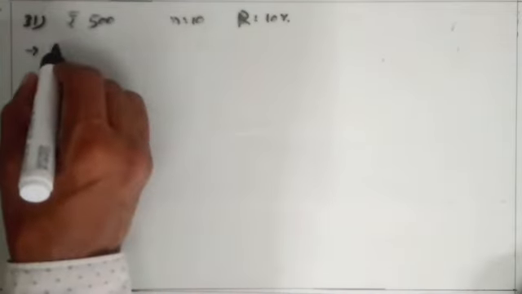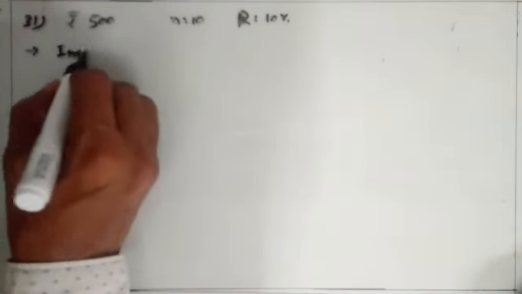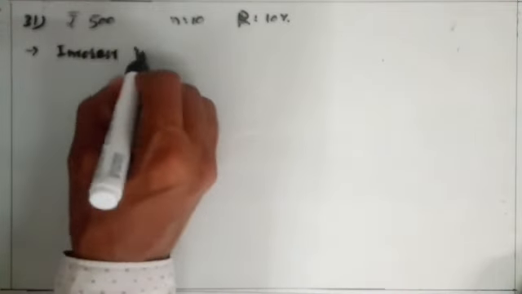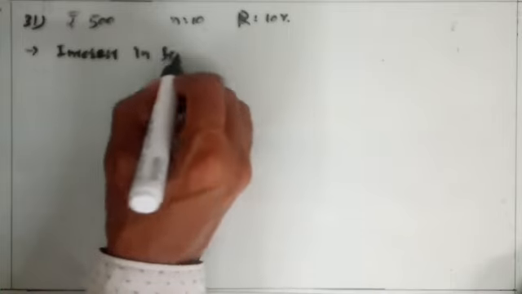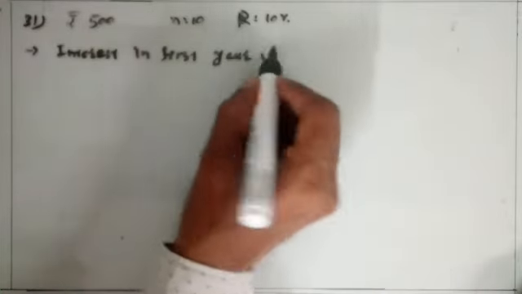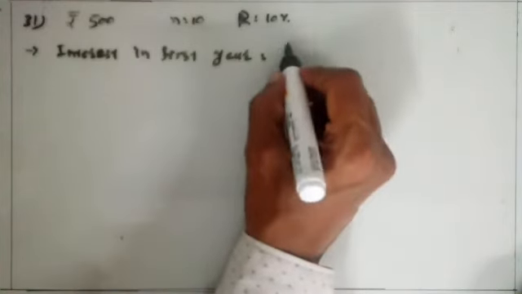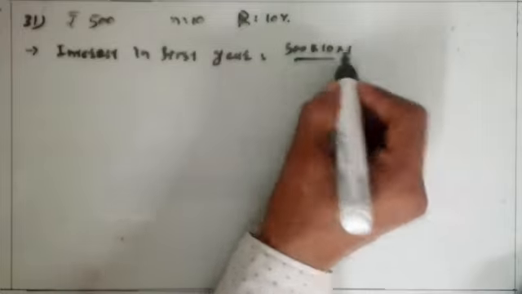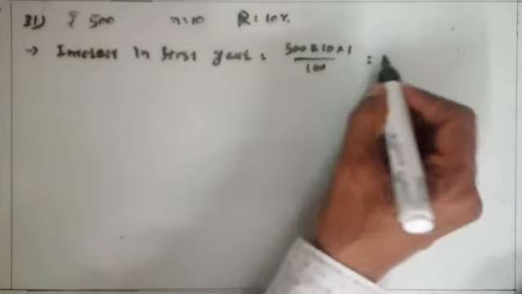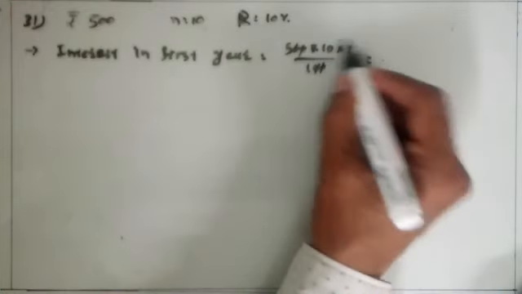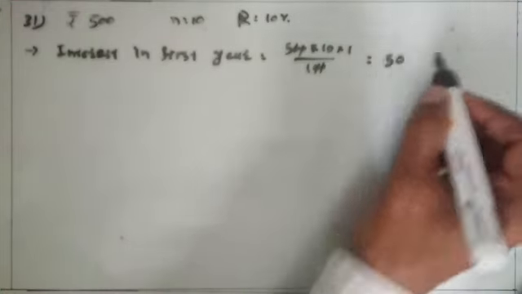So the interest in the first year is equal to amount into rate into year upon 100. We know that. So here this becomes 50.